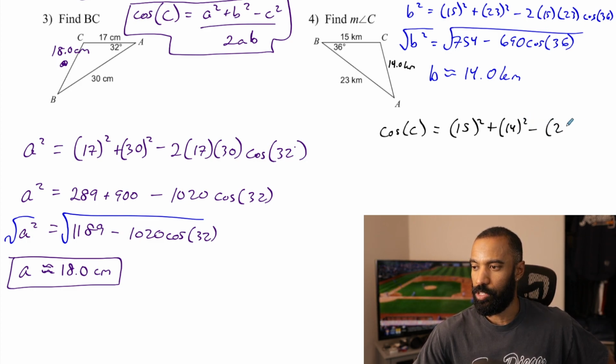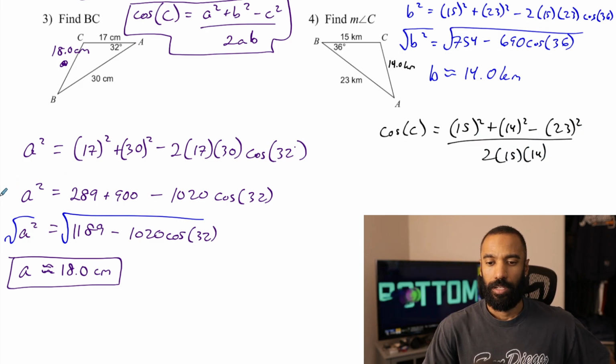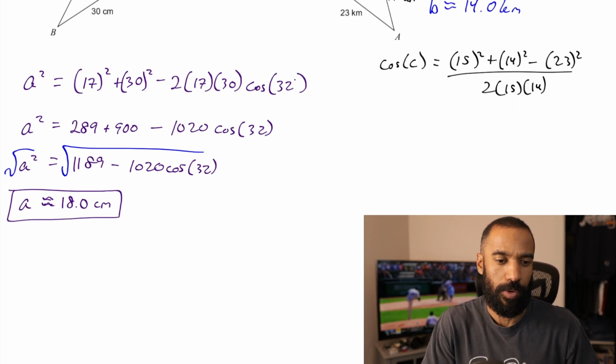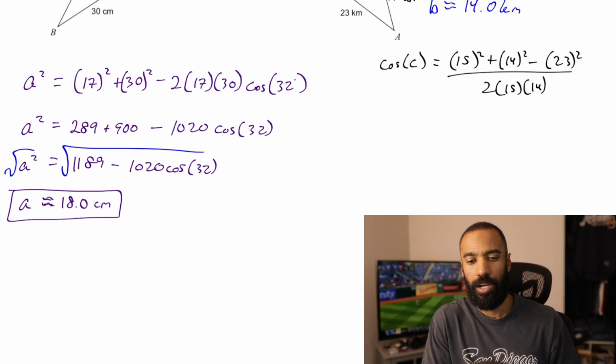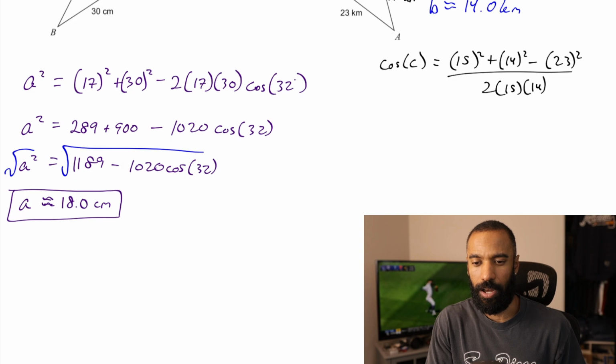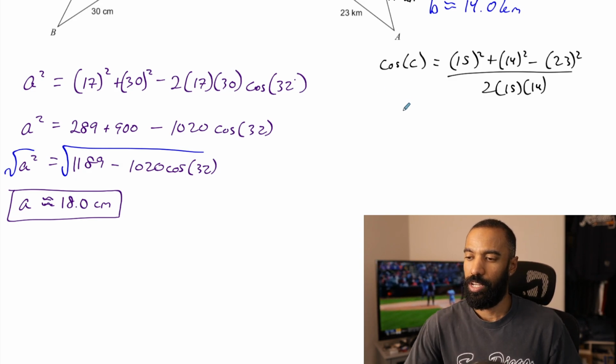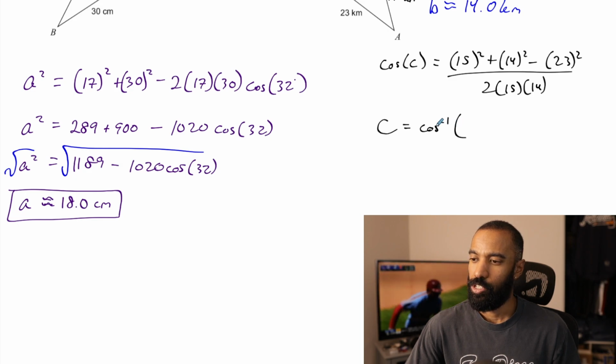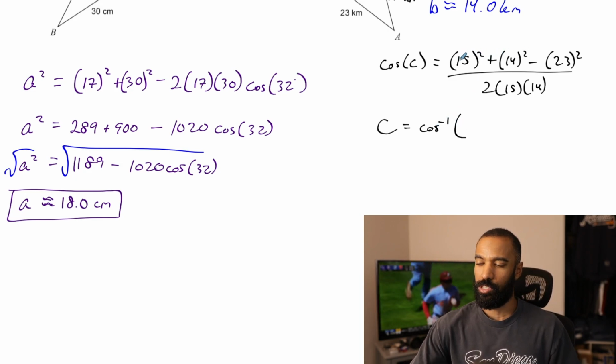Minus 23 squared, all over 2 times 15 times 14. Okay, now that 14 wasn't an exact 14, so I'm going to revisit that value for myself. I'm going to calculate all that, and take the inverse cosine of that. I'm going to round this a little bit.